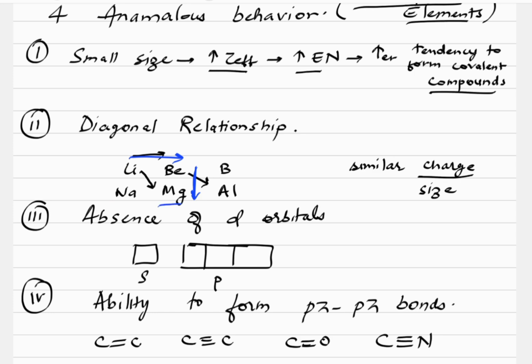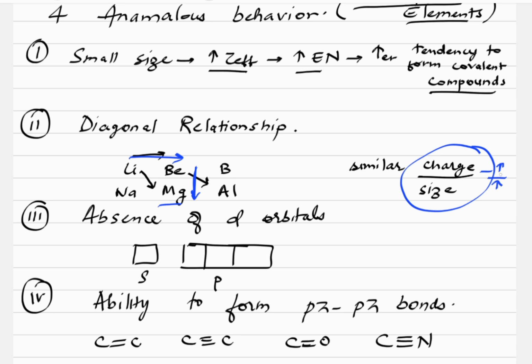Magnesium is still bigger than lithium, but charge on magnesium is also higher than charge on lithium, and this results in similar charge by size ratio. So magnesium has higher charge than lithium, but also higher size than lithium.